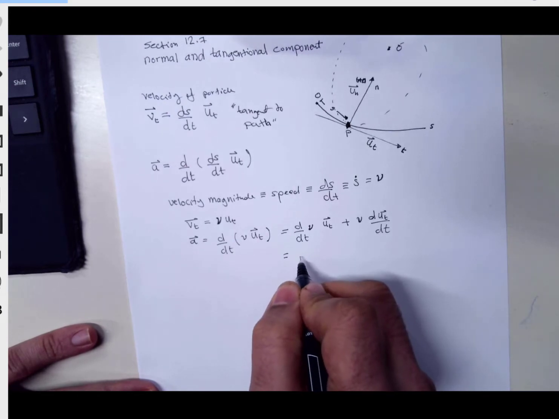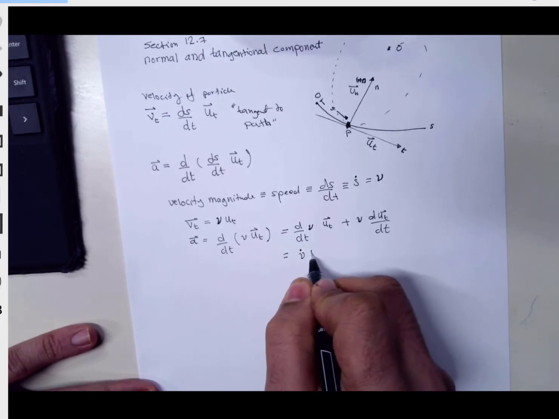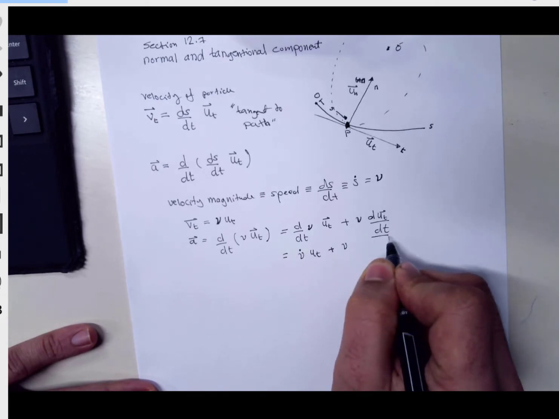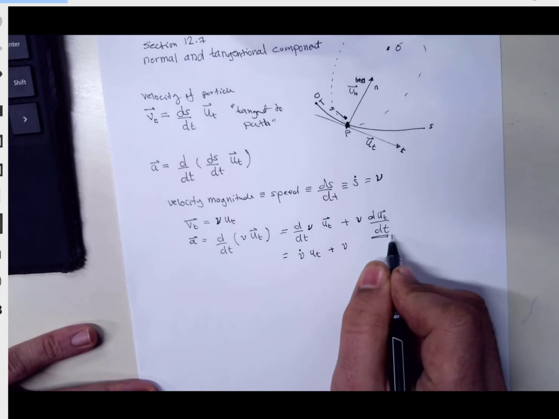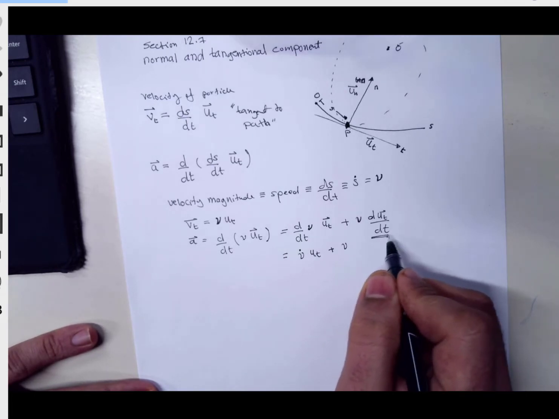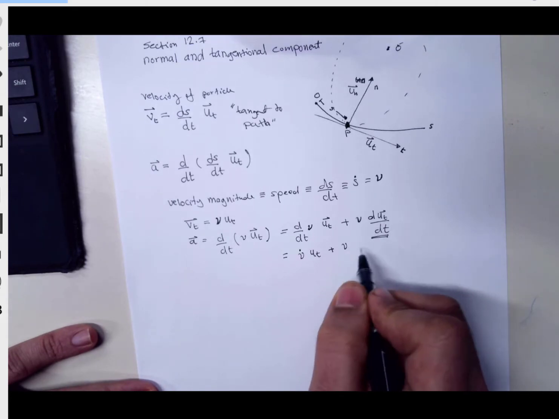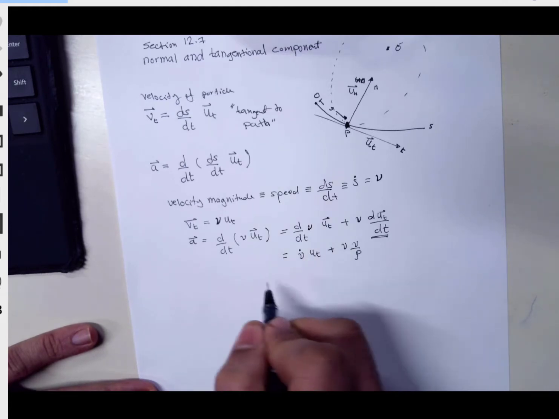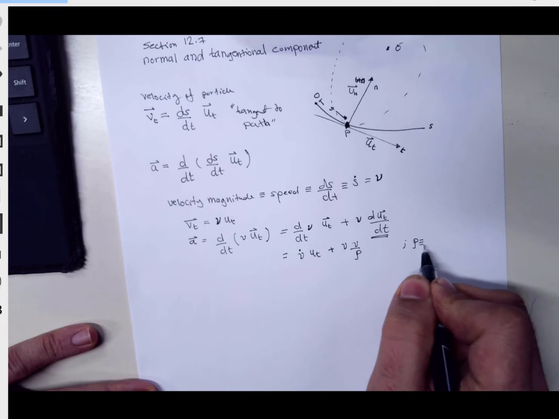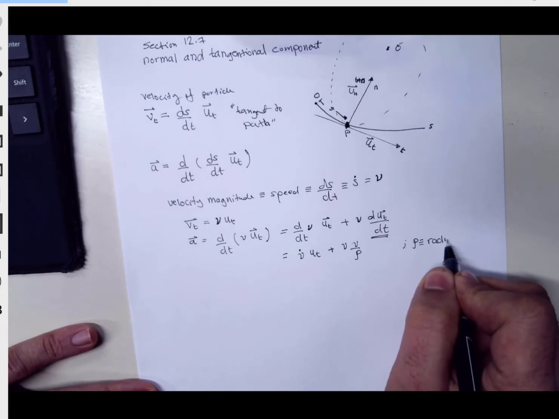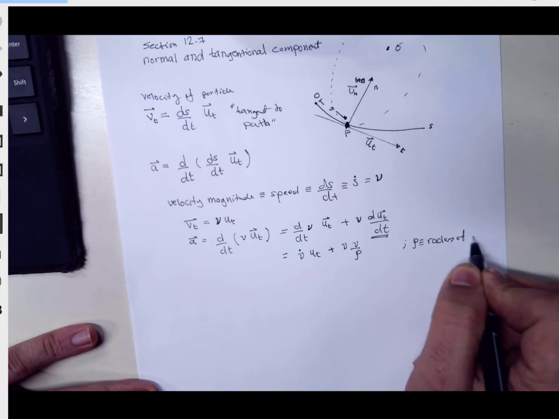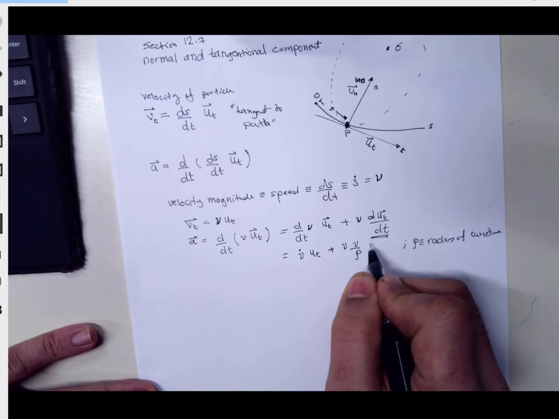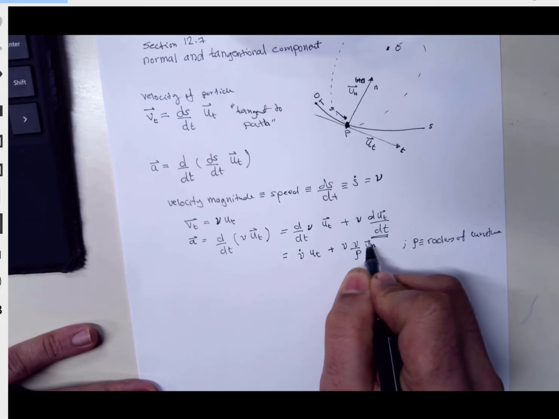So simply this is v dot u_t plus v times the rate of change of the direction, and by conducting some steps which I'm not showing here, this is equal to v over rho, where rho is called the radius of curvature, which will be equal, and I'm sorry, I forgot the direction of u_n.